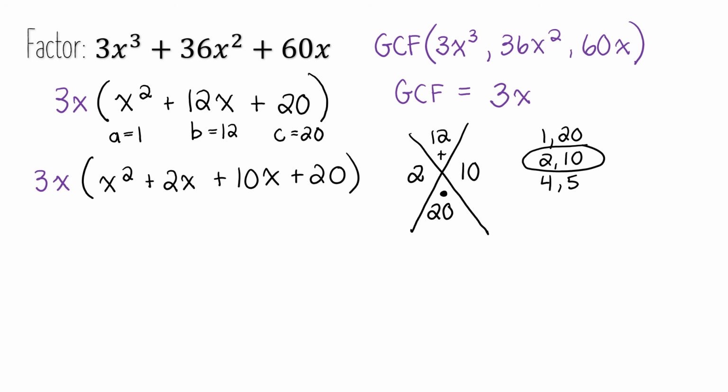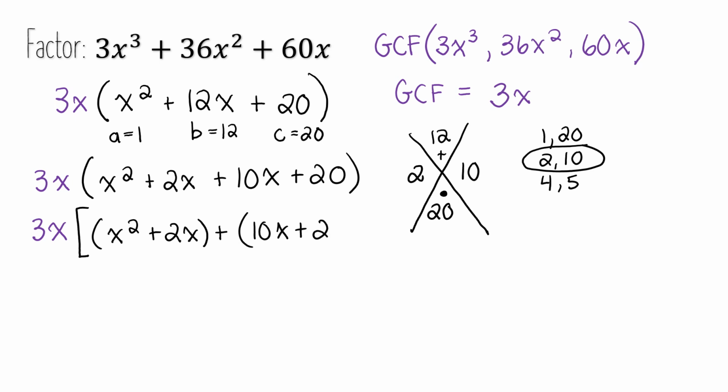And we can now group this. So we have 3x times, I'm going to change these to brackets so it's a little easier to tell my different parentheses apart. So I have 3x times the quantity x squared plus 2x plus the quantity 10x plus 20.